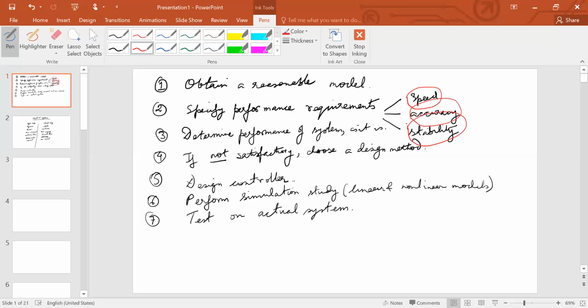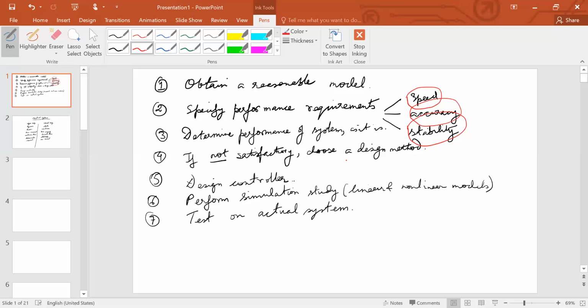Now that itself will not be the end of the story. Of course, in the modern day, you have high computational facilities. So what you do is you perform simulations with the designed controller.